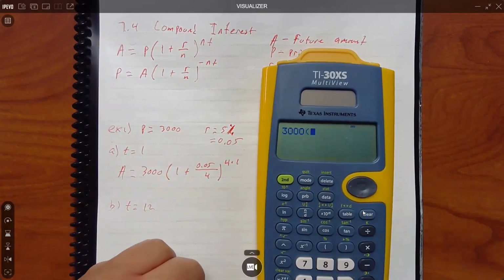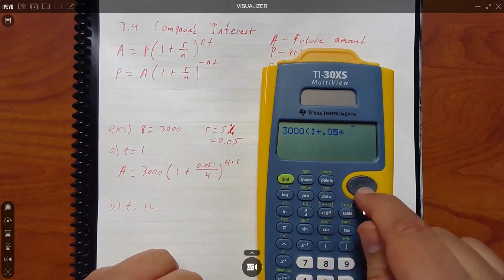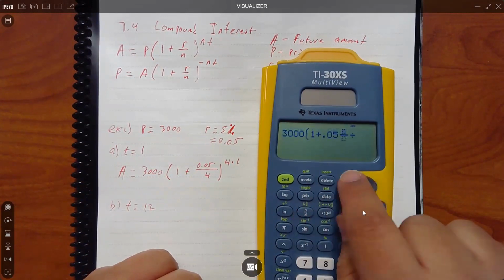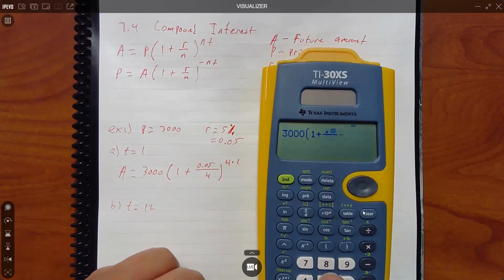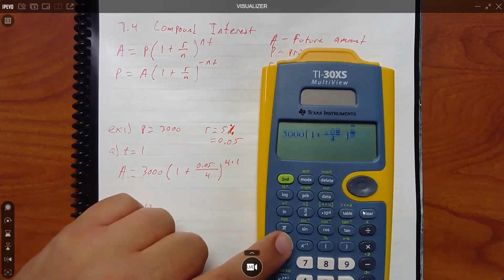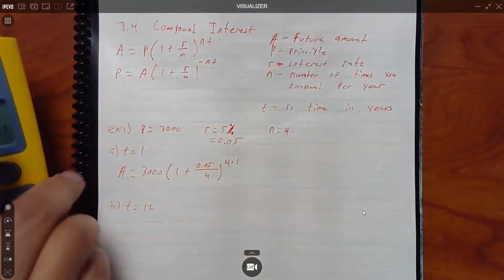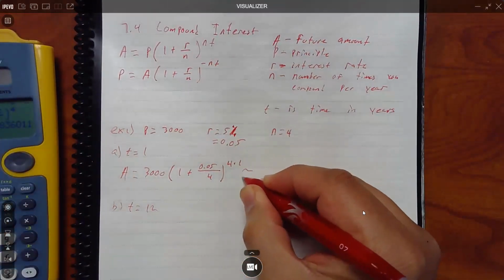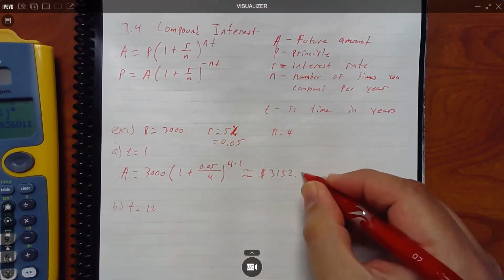Three thousand 1 plus 0.05 divided by, well, here we can use the fraction button. That's only good if you're in math print. But either way. So that seems reasonable. In 1 year, she made about $52. So this is approximately 3,152.84.